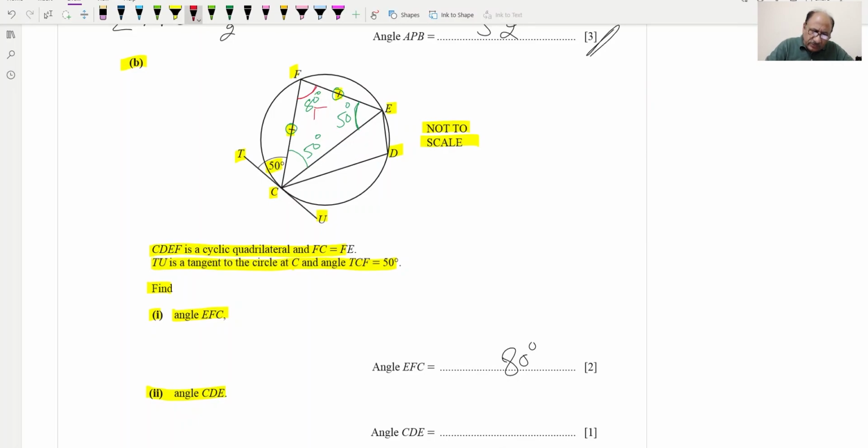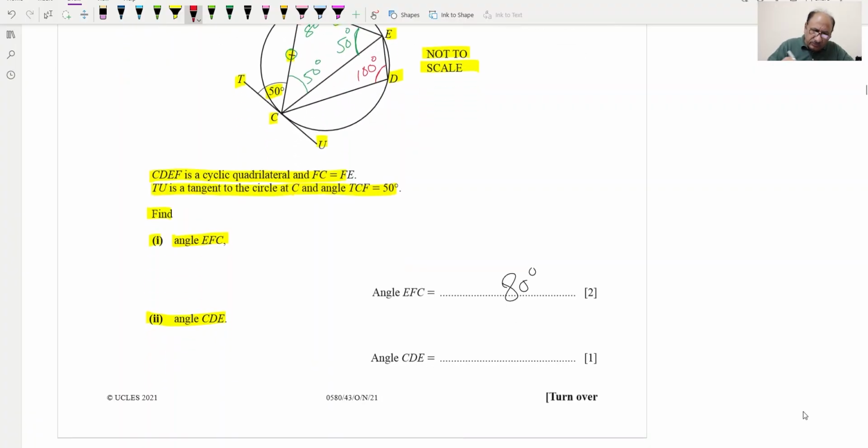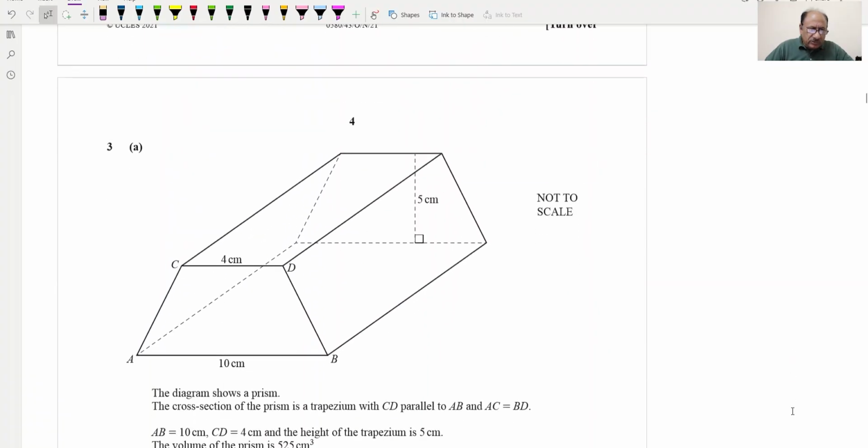So this CDE angle will be 100 degrees. Because this is a 1 mark question, just mentioning 100 degrees will be sufficient. Now question number 3.